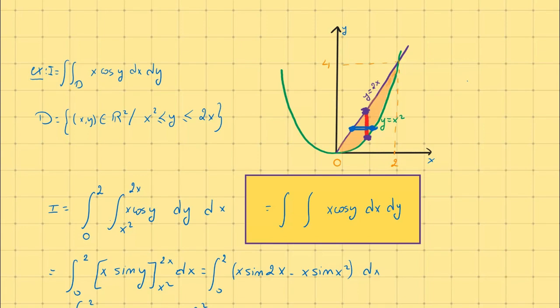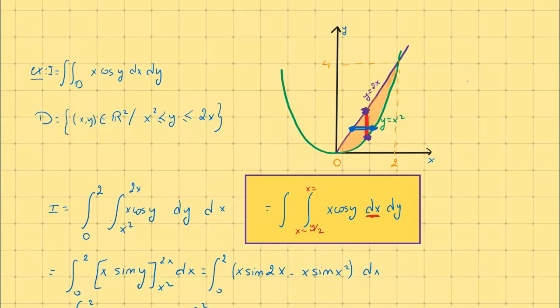But as we said before, since I'm integrating with respect to dx first, these boundaries will be written as x in terms of y and not y in terms of x. So the left boundary is y equals 2x, then the boundary here will be x equals y over 2.